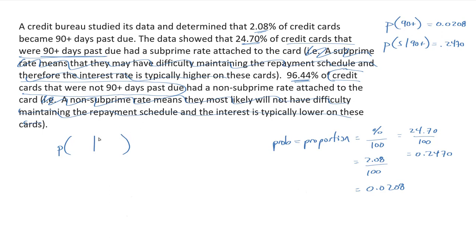So as long as we're talking about those that are not 90 plus days, then this probability applies. And what is the probability of? It's that they will get a non-subprime rate, so not subprime. So this is my final conditional probability.